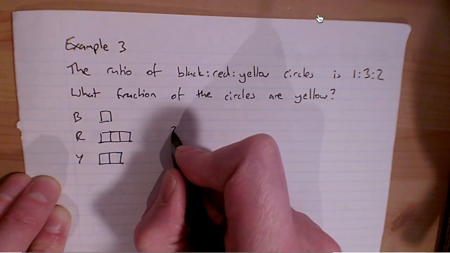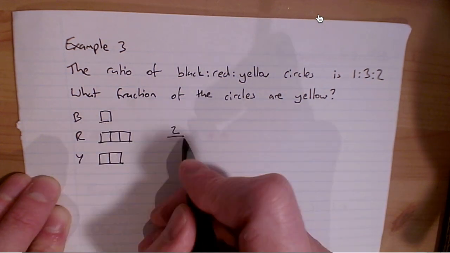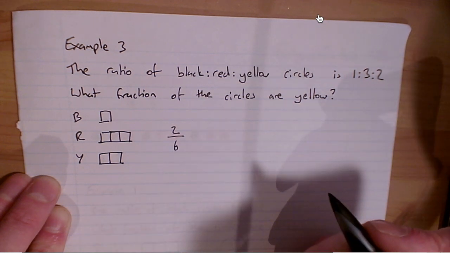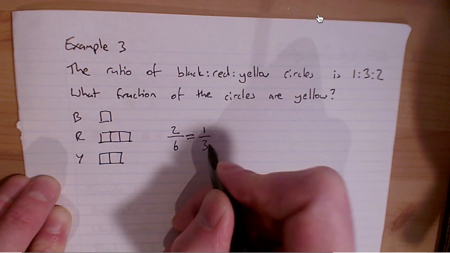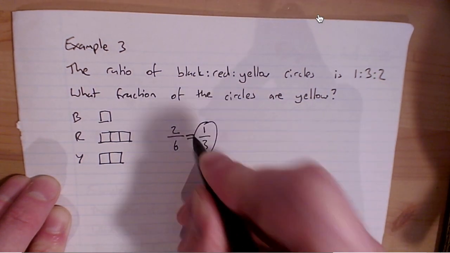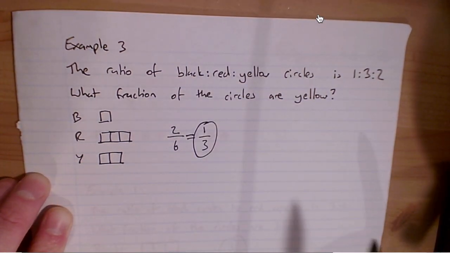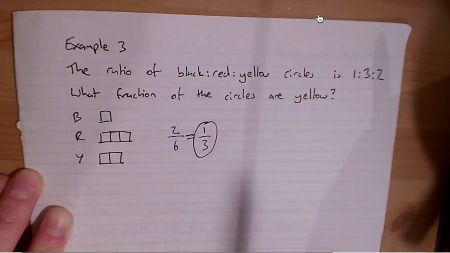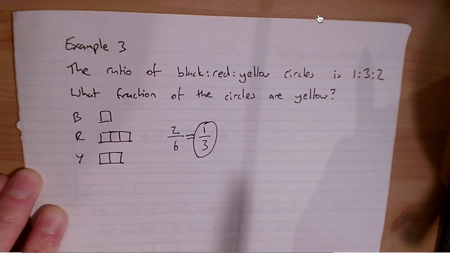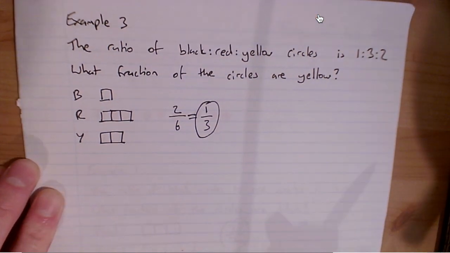Well, it's 2 out of 1, 2, 3, 4, 5, 6 in total, so 2/6. But we can simplify that fraction and it's 1/3. Okay, so 2 new things going on here. I've got 3 parts, but it works just the same, and I can simplify my answer at the end. In the demonstrate, you're going to have to simplify your answers.